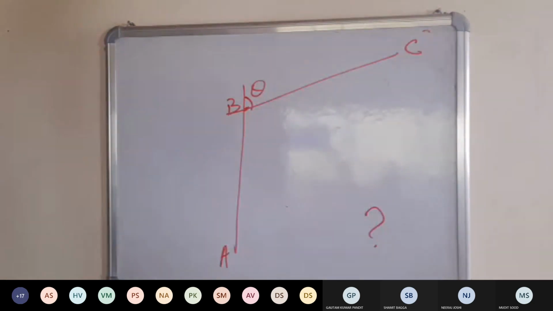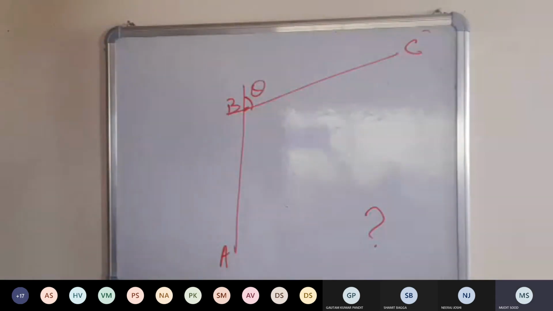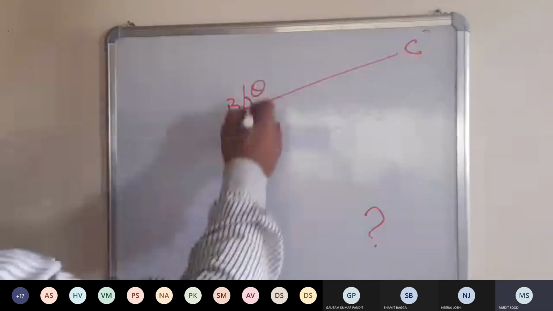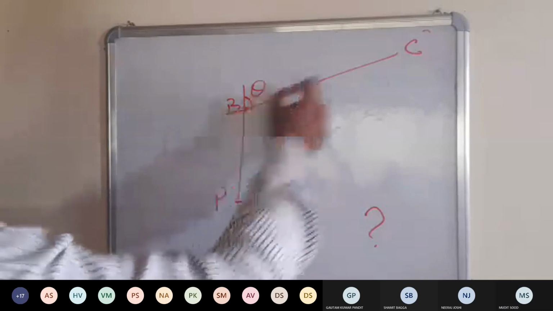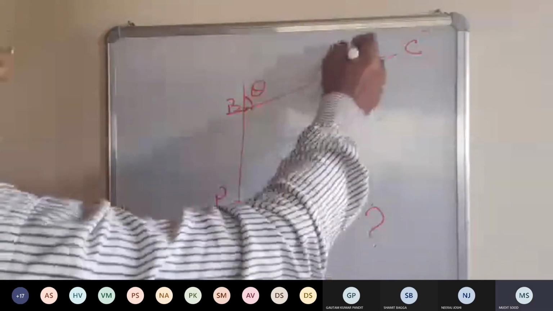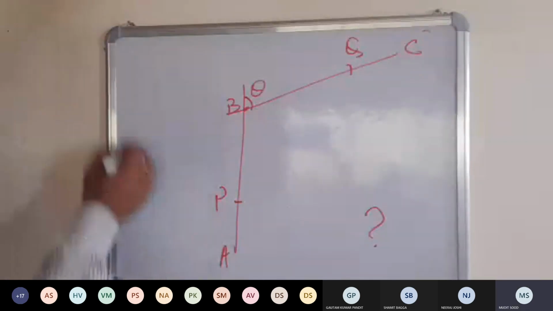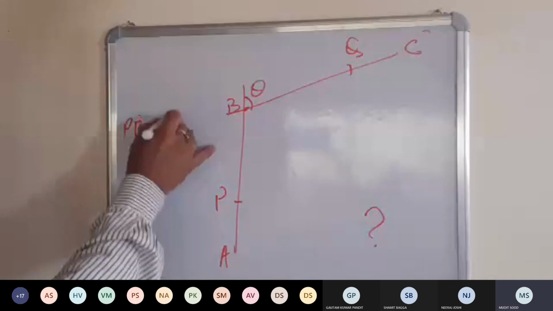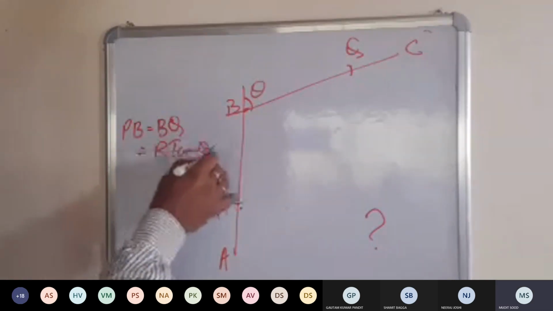So what we do? We first decide the radius. After drawing the initial and final course, we decide the radius, and on the initial and final course, we cut 2 points in such a way that, in this case, PB is equal to BQ is equal to r tan theta by 2.